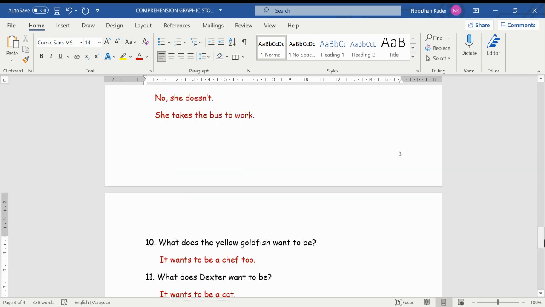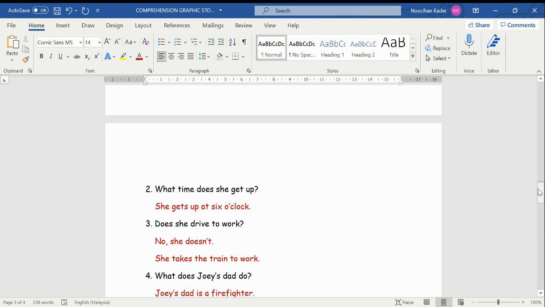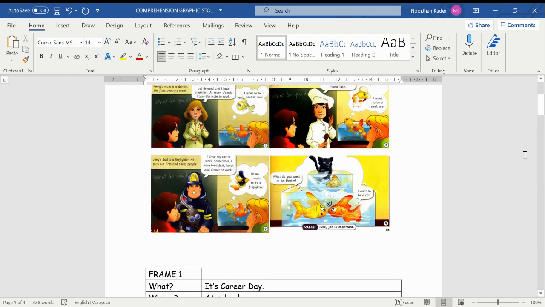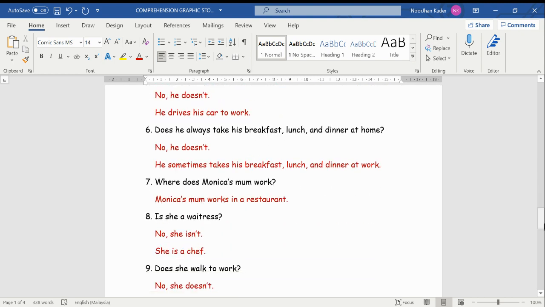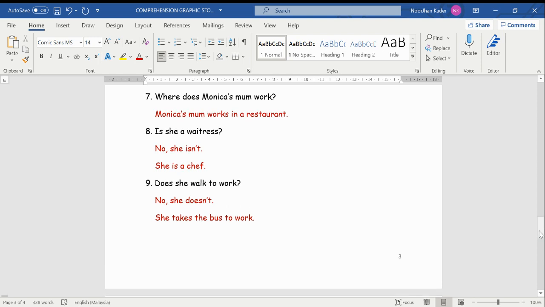The questions for number 7 to number 10 will be based on frame 3, whereby you can see in the picture here, Monica's mom is giving a speech. So number 7, where does Monica's mom work?